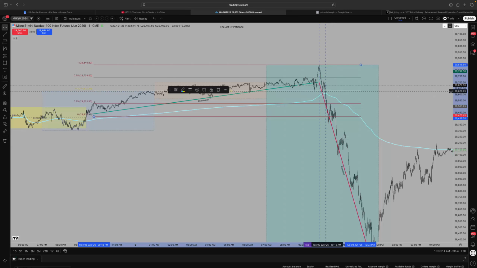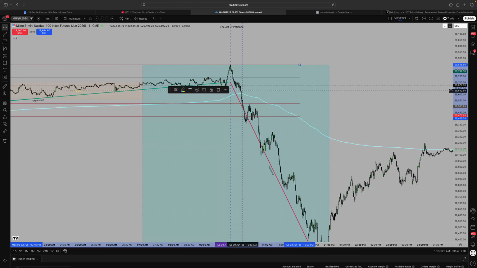So that confirms that if price would have rejected the midpoint, then we would continue up. But price instead broke through that midpoint aggressively. Boom. That would have been another entry point.